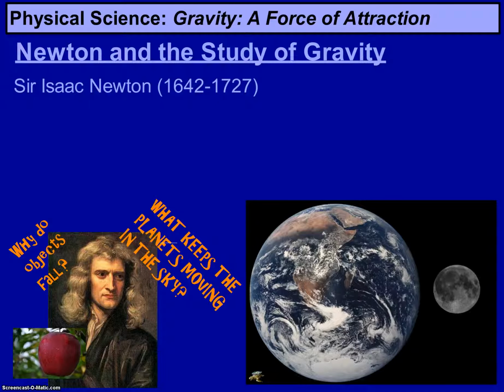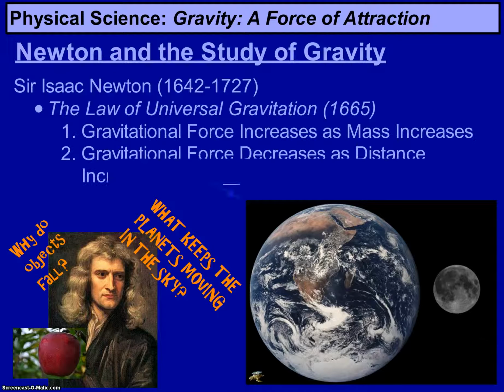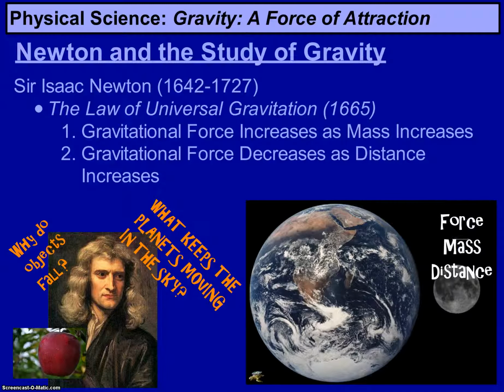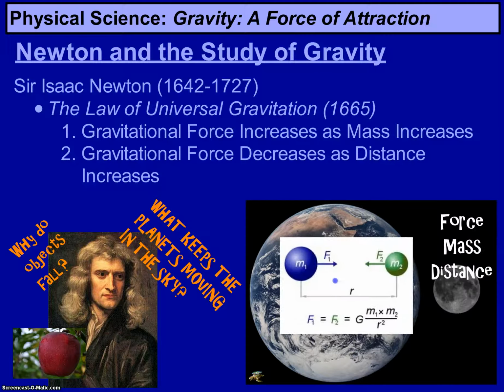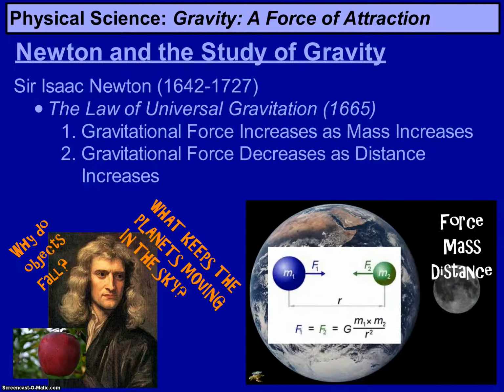And from these observations, Isaac Newton came up with his law of universal gravitation. This is a law that brings together the ideas of force, mass, and distance in a mathematical formula. I'm going to bring that up over here, right over planet Earth.